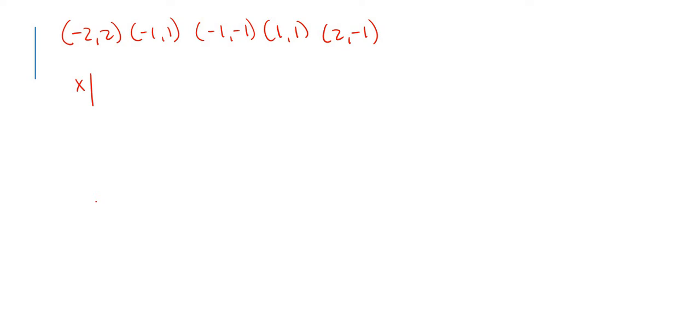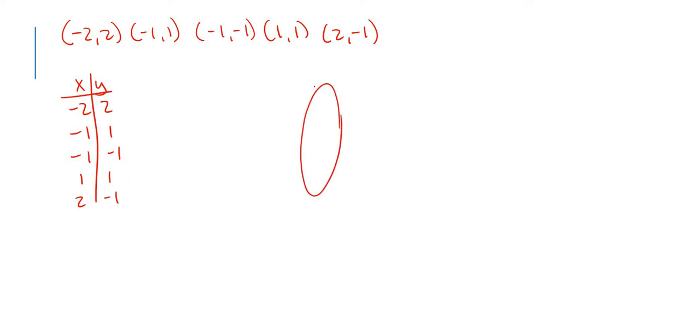Okay, your ordered pairs should be -2, 2, -1, 1, -1, -1, 1, 1, and 2, -1. And they don't have to be in the same order that I did them in. Your table should look something like this: -2, 2, -1, 1. Again, if you chose a different order, yours is going to look a little different.